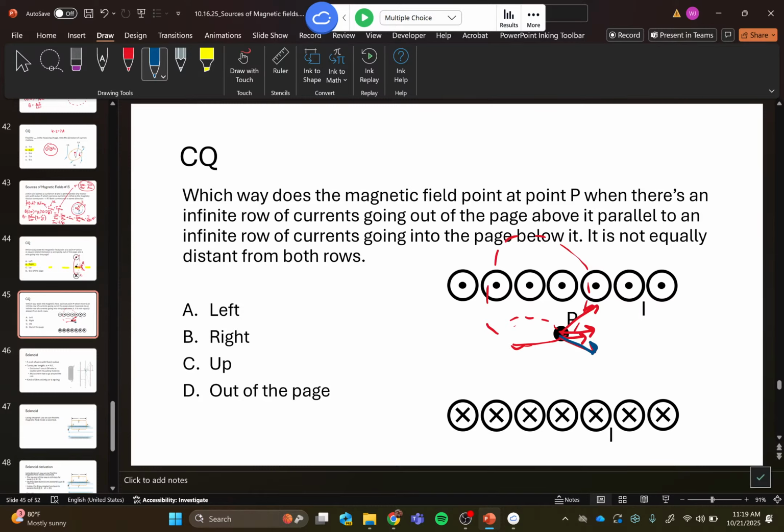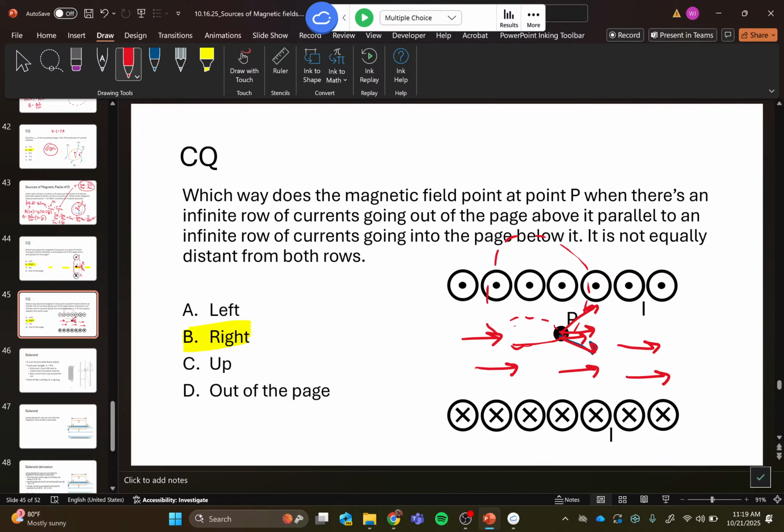They all end up canceling. And it ends up not mattering about distance, because the ones up here point a little bit more up, so the components are a little bit less, and so on. I'm not going to spend too much time on it. All I need to convince you of is that the magnetic field everywhere inside this points to the right with the same amount, regardless of where you are in it, because it's infinitely long.